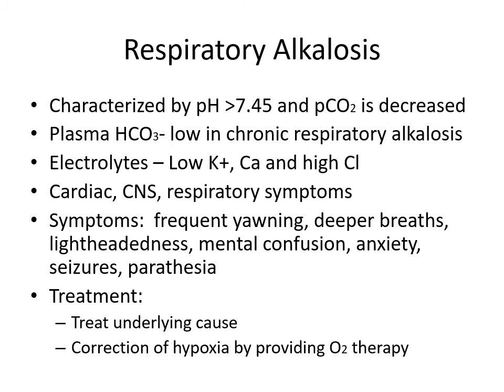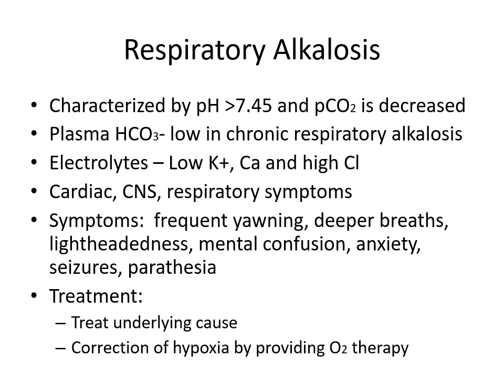Respiratory alkalosis is characterized by a pH greater than 7.45, and PCO2 will be decreased. Plasma bicarbonate will be low in chronic respiratory alkalosis due to the compensation. The electrolytes will present with low potassium and calcium and high chloride.